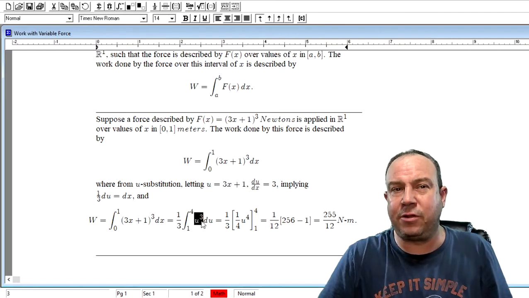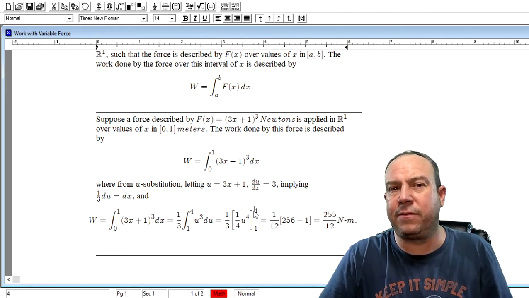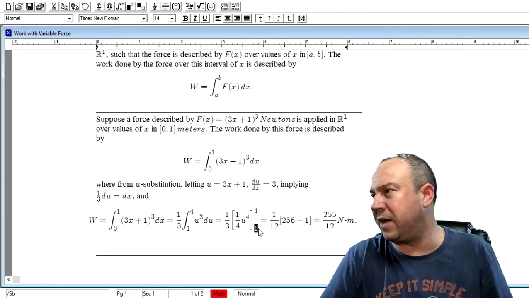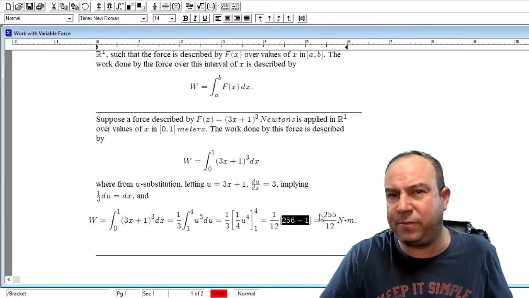If we integrate u to the third, that bumps up to 4 in power, and we divide by 4, and 1/3 times a fourth is 1/12. When we evaluate u to the fourth across the bounds from 1 to 4, at 4 it's 256, and at 1 it's just 1. So inside there we have 256 minus 1, which is 255.